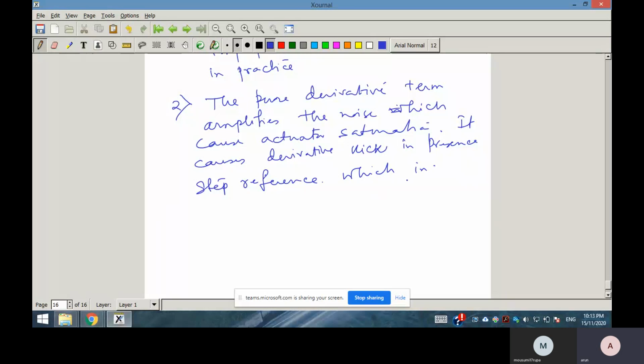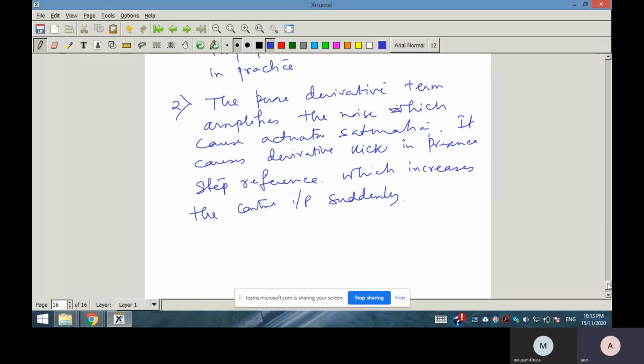Derivative kick means a sudden rise in the control input, which increases the control input suddenly.